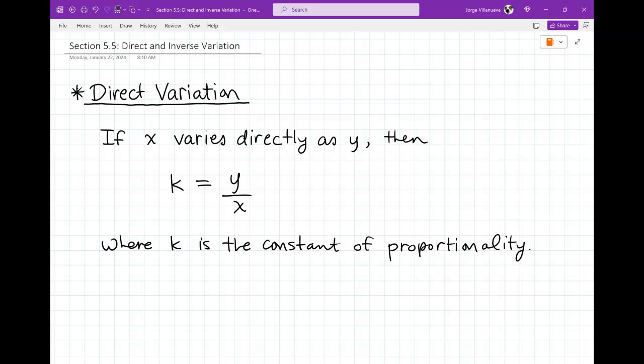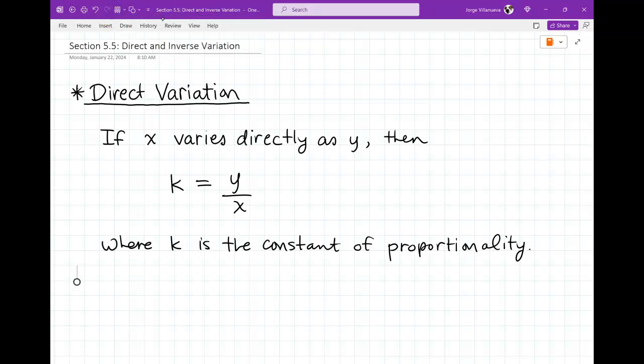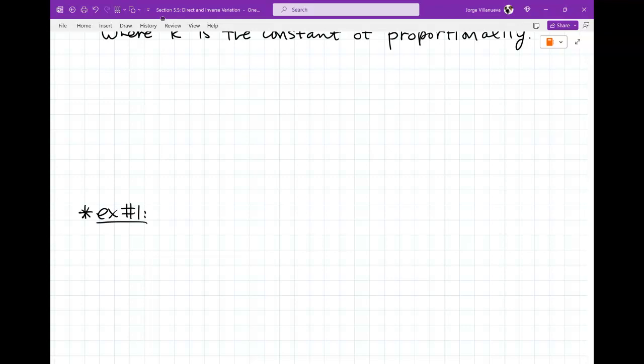So here we go. Some examples on how you're supposed to do these things, okay? So here we go. Example number 1. Now, all of these I'm going to have to write out. So this first one's going to be a little bit on the easier side.